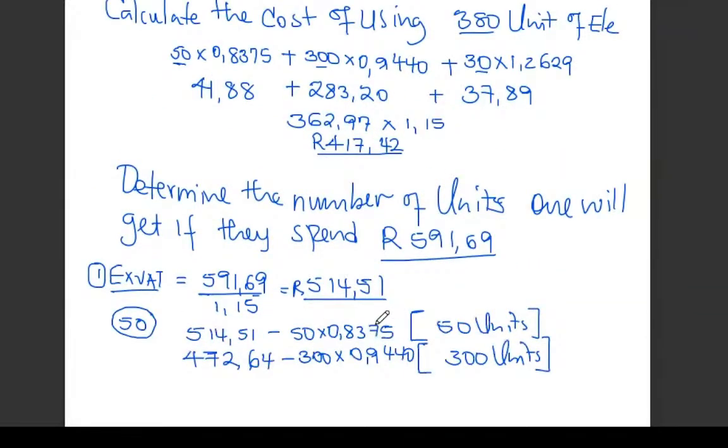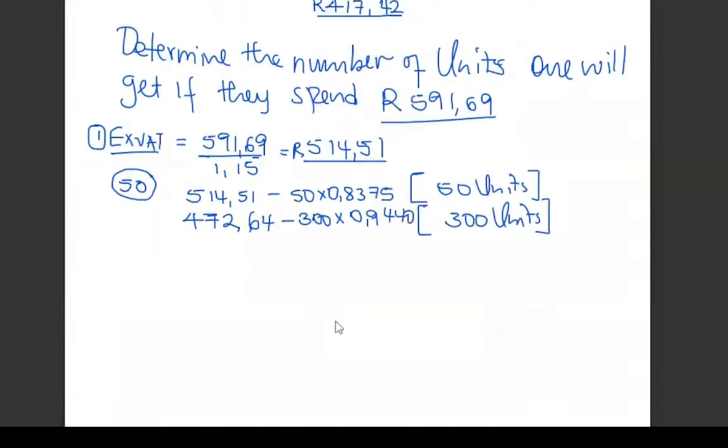So this money, 472 rand 64 cents, minus the money got from the 300 units, I remain with this amount.